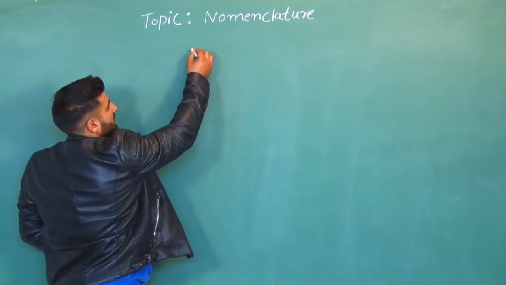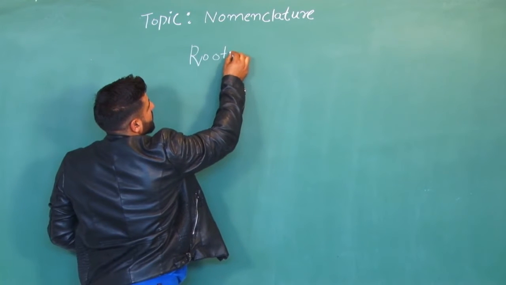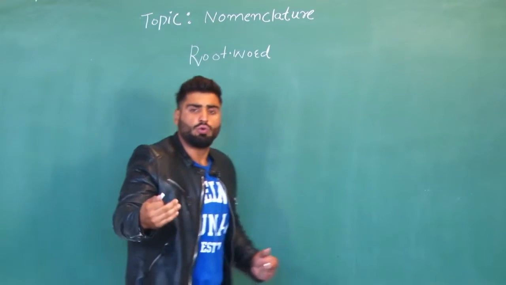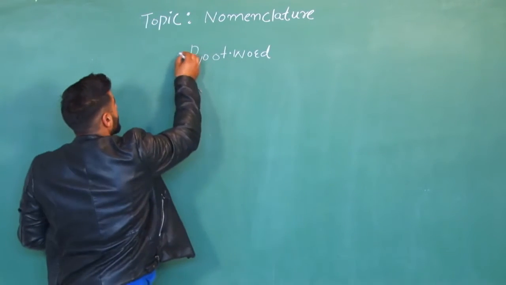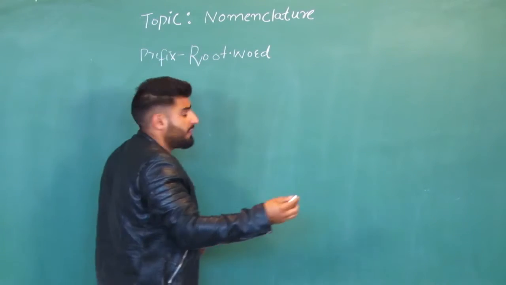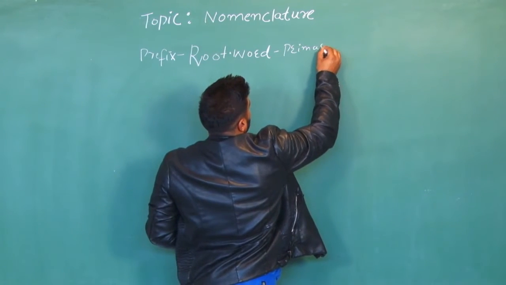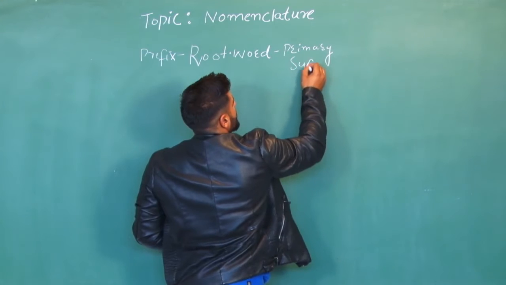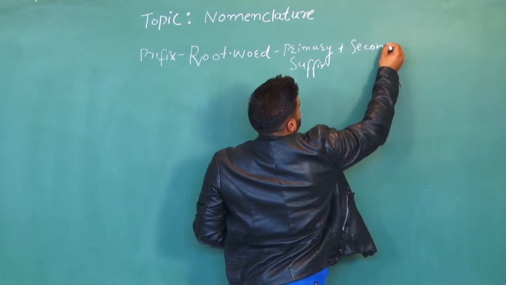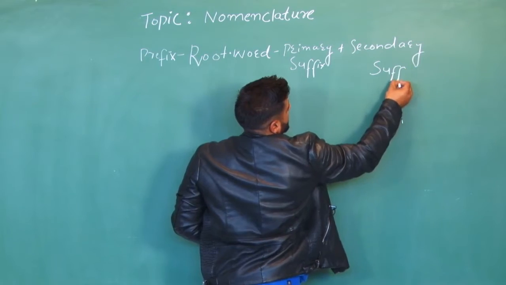We have the general representation of an IUPAC name. We have a root word, and before the root word we have a prefix, and after the root word we have a primary suffix, and then we have a secondary suffix.